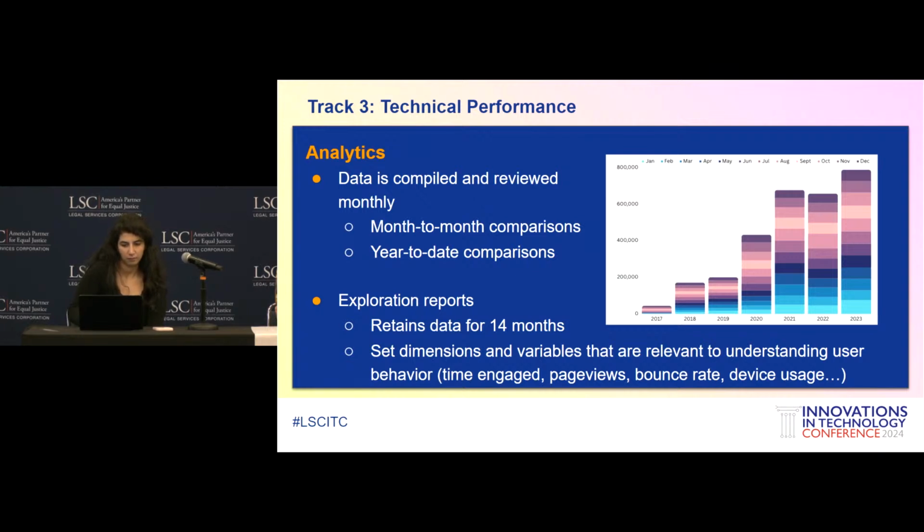The graph that you see is from AZ Court Help. It was launched in 2017. This we compiled in Canva, and it shows the usage month to month and year to year. It's a good visual for our courts, so they can see the impact that the website is making.